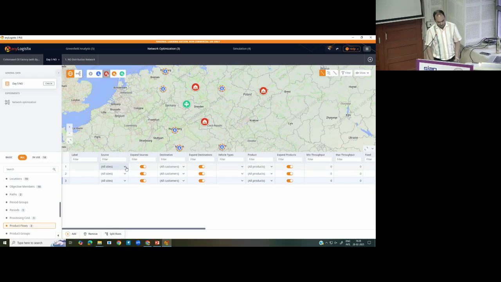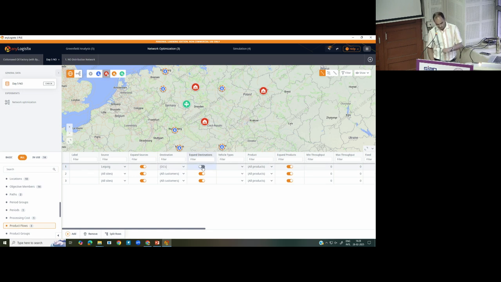From sources I am saying supplier, expand sources, destination is all DCs, expand destination. What happens if I turn off this expand destination? Because what I have selected here is the group, I didn't select a single DC.